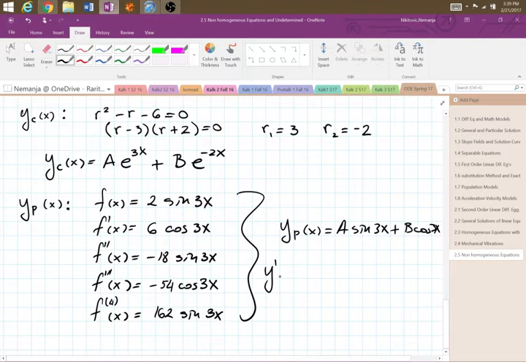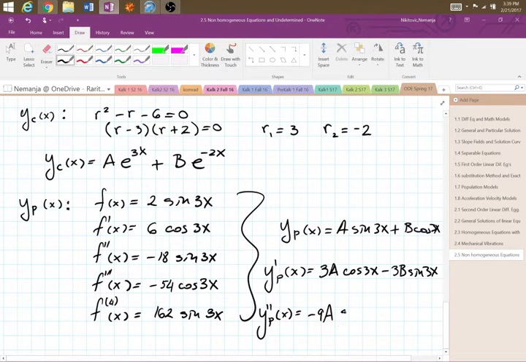So yp prime is 3a cosine 3x minus 3b sine 3x, and we need the second derivative because we are plugging this into a differential equation, so you have to find another derivative. That's going to be negative 9a sine 3x, and then the derivative of sine is cosine, so negative 9b cosine 3x.